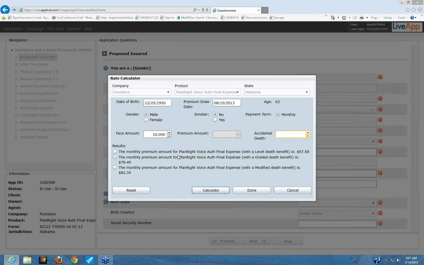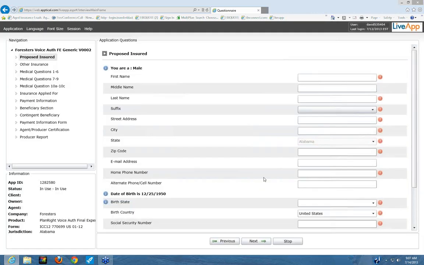When you initially questioned them on their health, you pick the rate that you most likely feel they're going to qualify for. So let's assume it's level. And then you just hit done at that point. And we'll put Mr. John A. Smith.